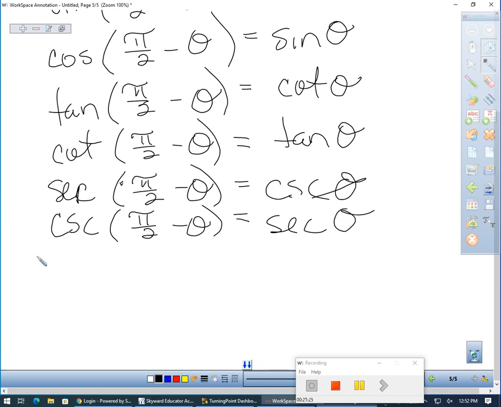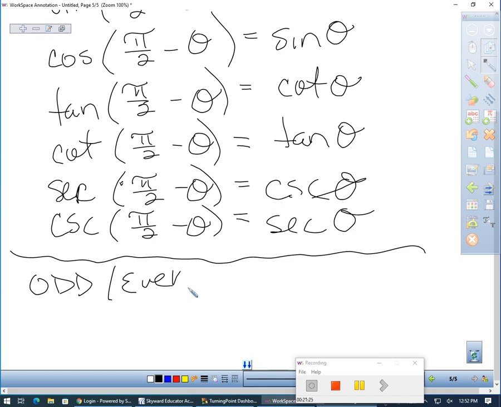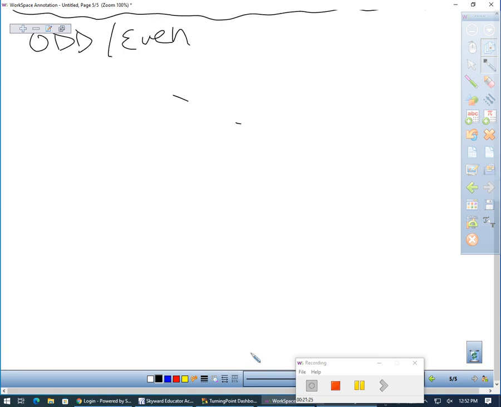These aren't too bad. These are called, so I'm going to put a little squiggle, our odd and even identities. In these, it talks about whether the angle is positive or negative. So, for example, if I have the sine of a negative angle, you guys okay if I use x instead of theta? Okay. So if I say sine of negative x, that's going to equal negative sine x.